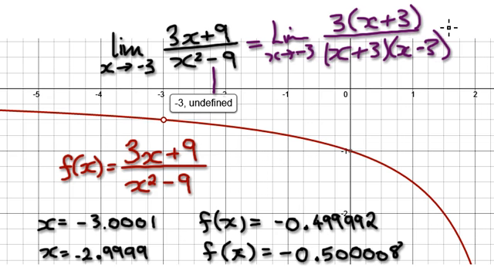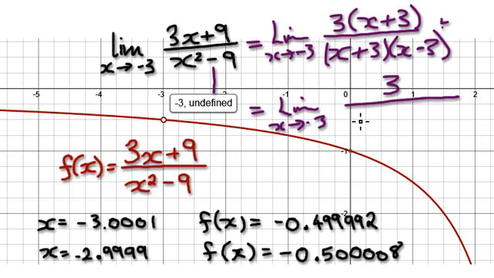Okay, when you're here, you can divide top and bottom by this bubble here. So basically, in a way, you can do this here. So it becomes: limit as x tends to -3, and then this bit here will be 3, and then x minus 3.